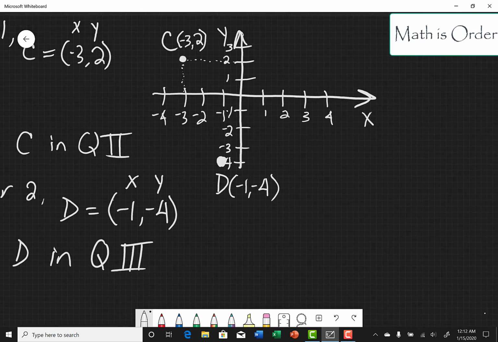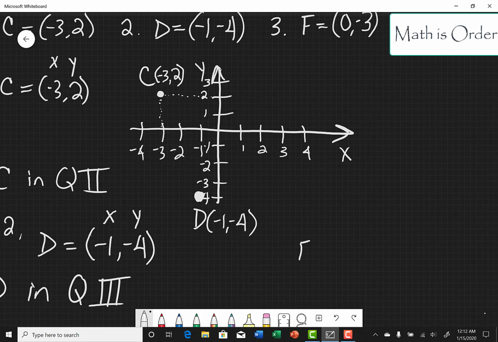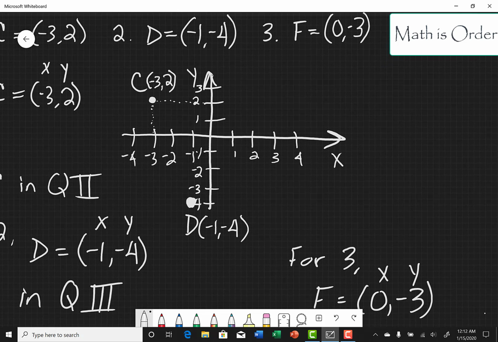And last question here. This time we have F at 0, -3. x is 0, y is -3. Since x is 0, that means we go nowhere along the x-axis. We don't go to the right and we don't go to the left.